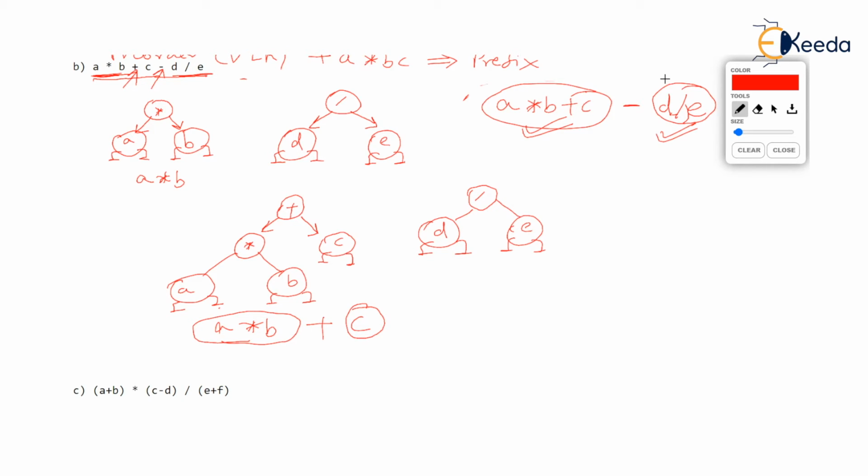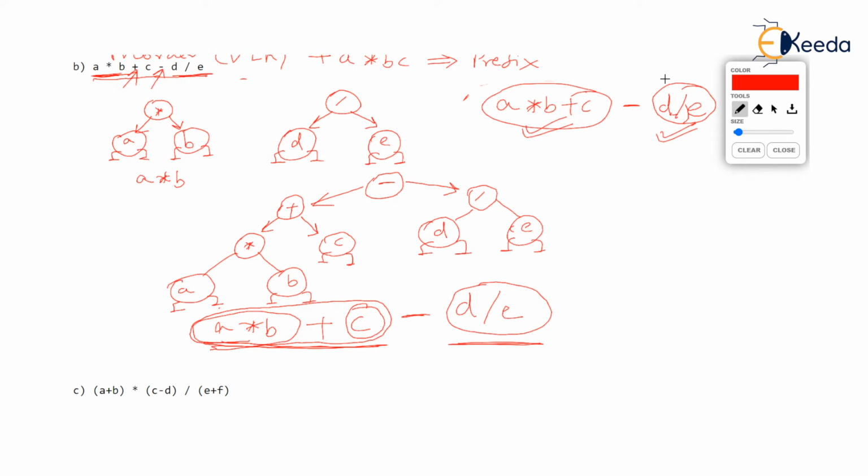Now what's pending is A into B plus C is to be subtracted with D upon E. So these two trees will be connected with minus. Left of minus will point to A into B plus C. Right of minus will point to D upon E. And this is the expression tree that we have got for the given infix.